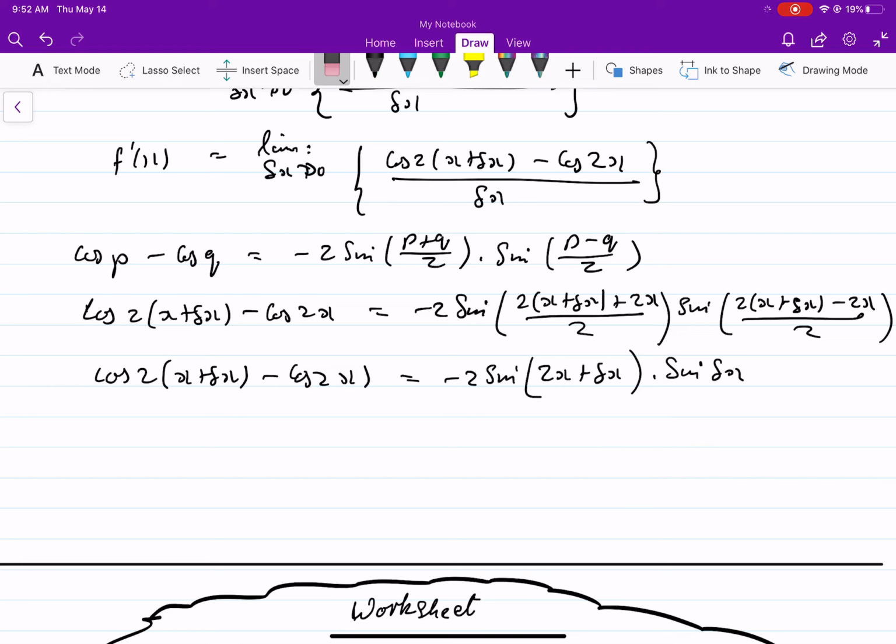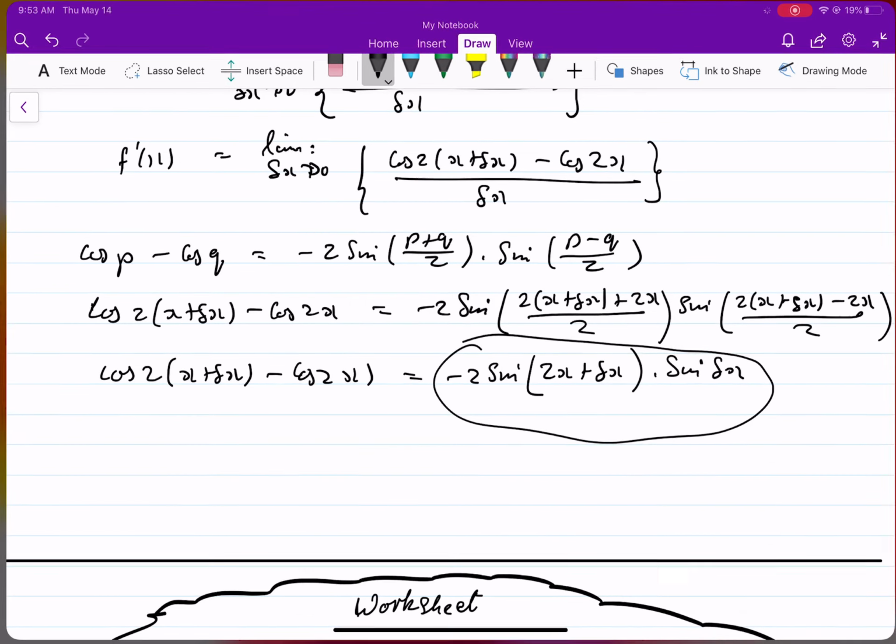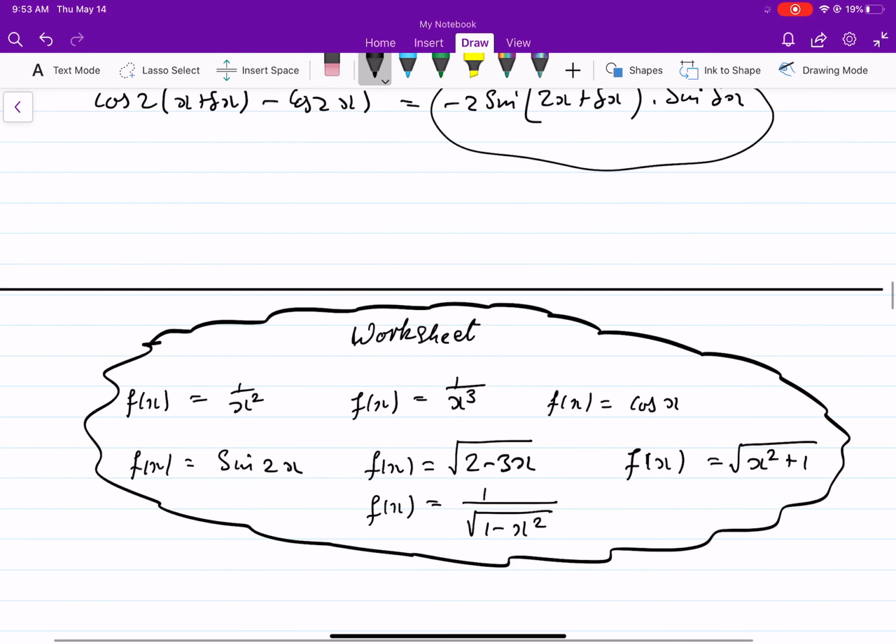Okay, and all I got to do now is to substitute that into my f prime of x expression, because this here simply represents my new numerator, this guy. So f prime of x, let me make a little space.